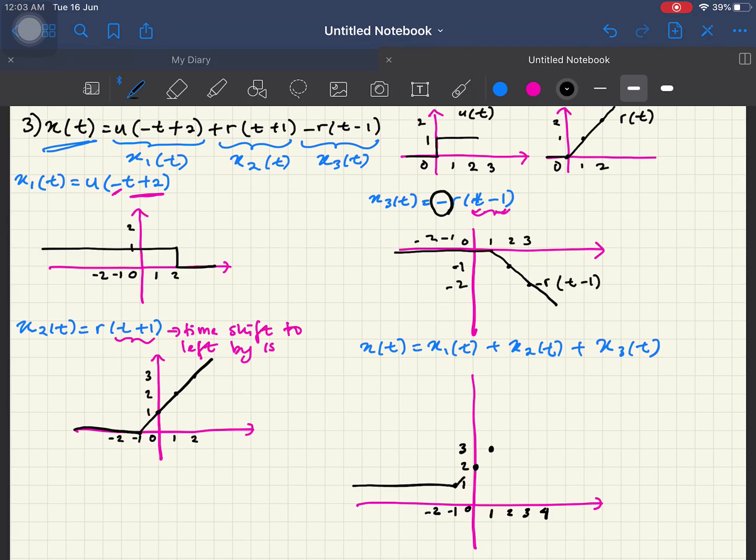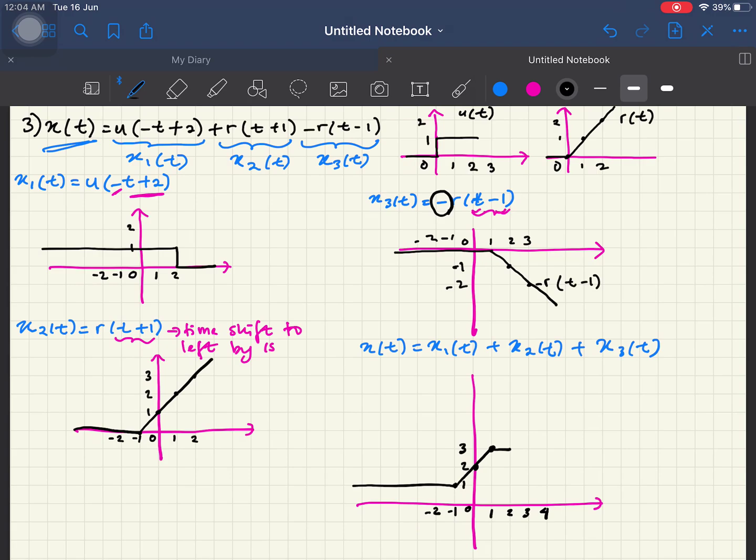Why do we stop at t equals 1? Because at t equals 1, you have a slope of -1. Here slope positive 1, here slope -1, so when you add, you get 0 slope. So starting at t equals 1, you will have a straight line with slope 0 until t equals 2.